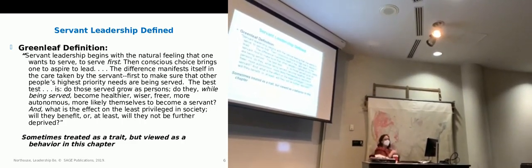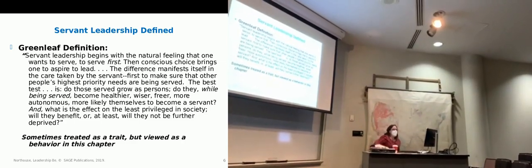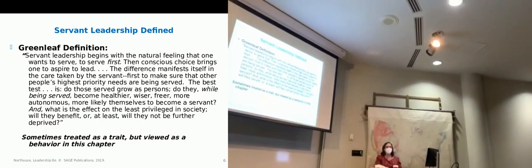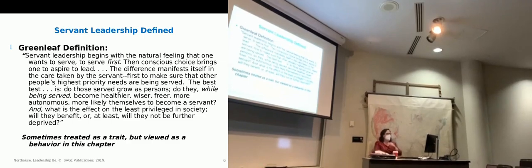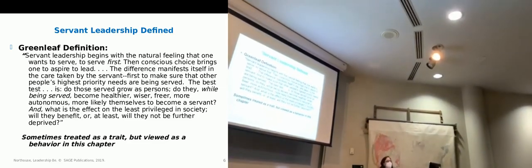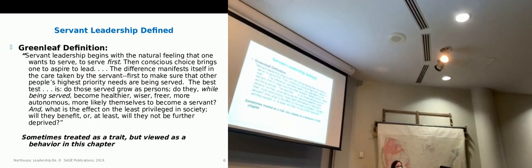And so this definition of servant leadership is saying we're not serving because we're expecting something out of it. We're serving because we truly want to benefit the followers, the people who are receiving this service. When you walk away from them, their lives should be better. Their situations should be better. They shouldn't be dependent on you.